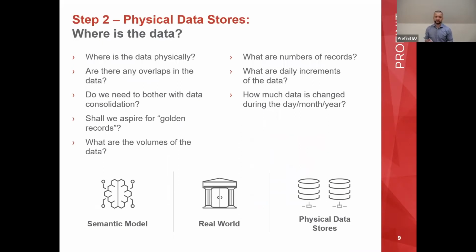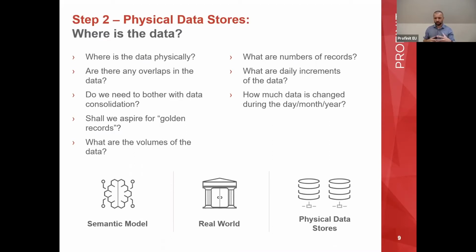Second important step is the physical aspect of the data, the physical data store. So where is the data physically? If I know that I need to take care of data about customers, I am asking myself, where shall I find it? In which systems? In the CRM system? What other systems? Where physically? Are there any overlaps? For example, are there systems which contain only data about specific segments of my business, or systems which contain all the data about all my customers?